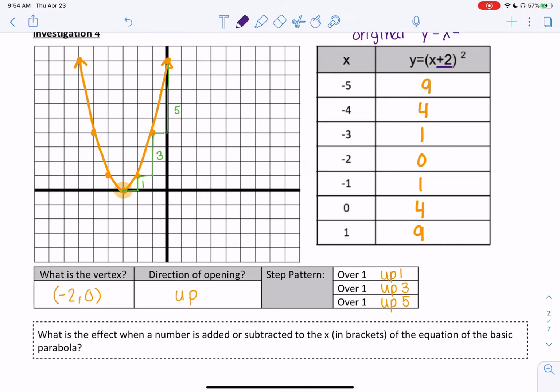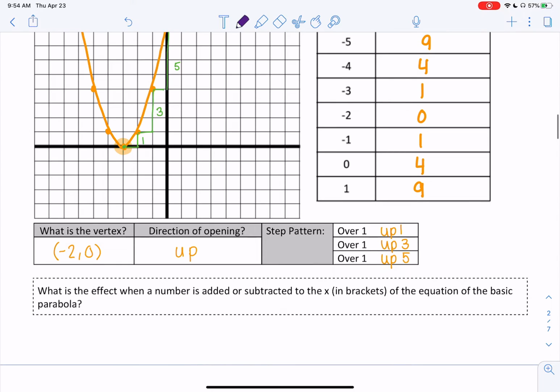So I'll write this out in words and then I'll explain it one more time. So what happens? It moves left if positive in the bracket. So when we had our y equals (x plus 3) squared, that plus in there is going to tell you we're moving left, the opposite of what your brain will think.